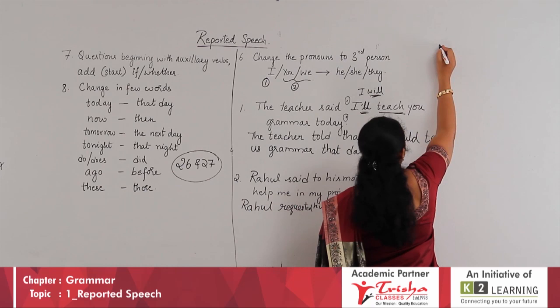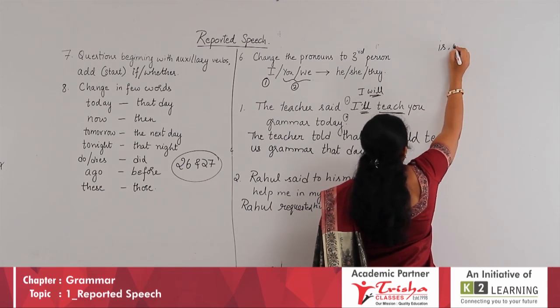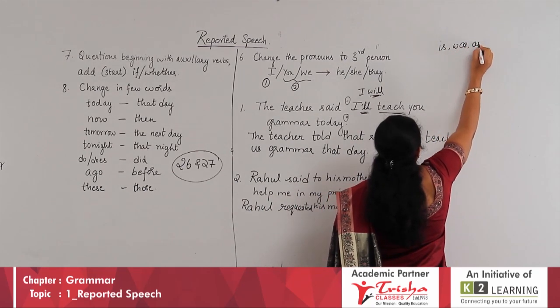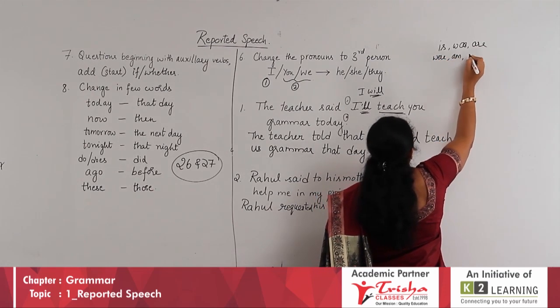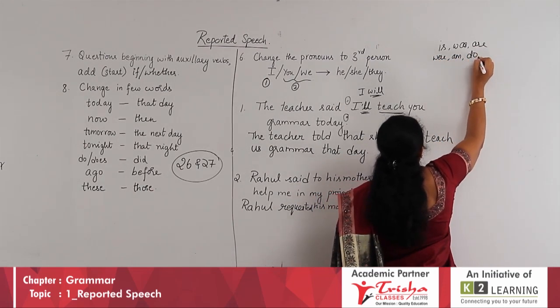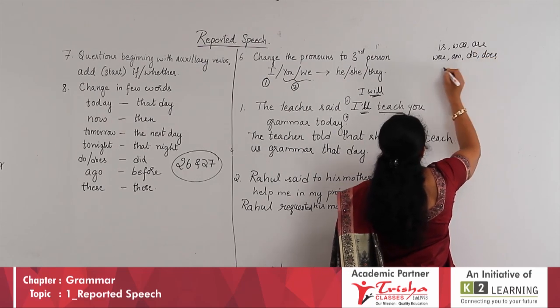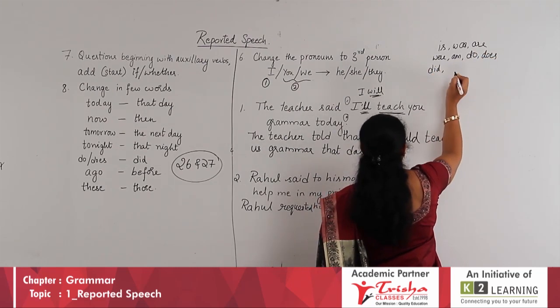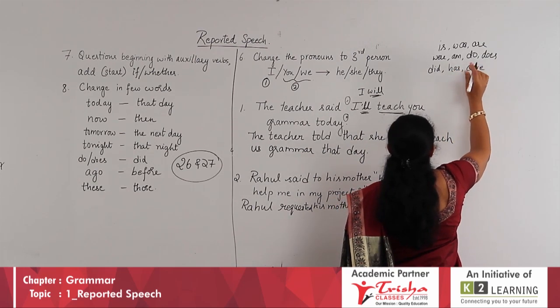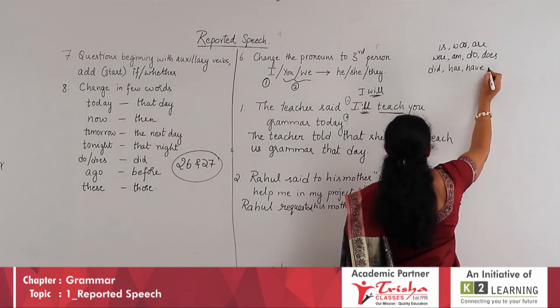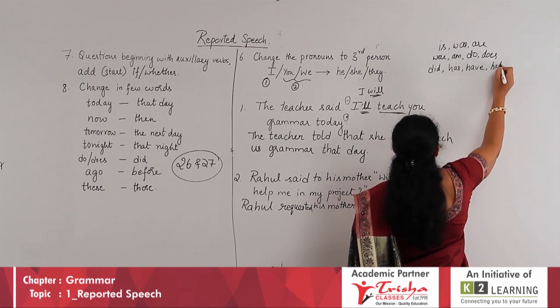The auxiliary verbs are is, was, are, were, am, do, does, did, has, have, had.